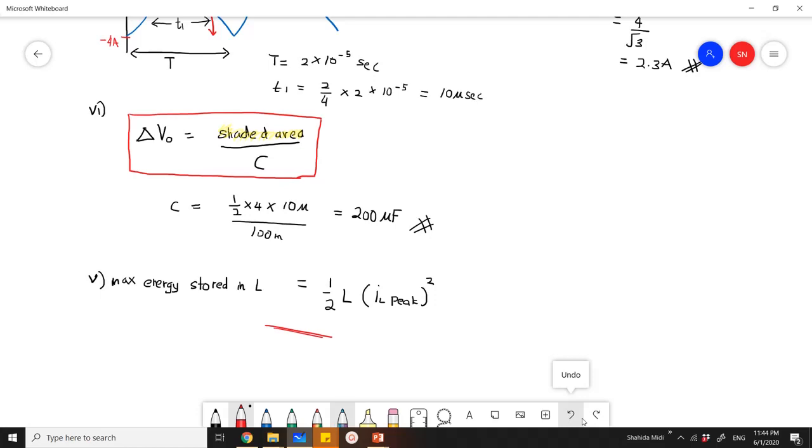From here this is equivalent to 1.92 millijoule. So now we are finished with example 4.3.